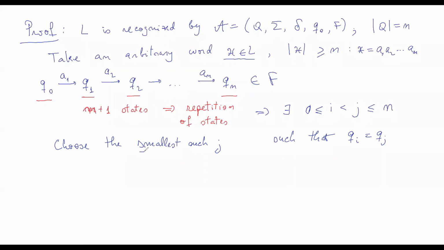And by having the smallest, let me just write it like this, you will choose the smallest J, and the way this is going to go is Q0 goes to Q1, and it goes to Qi, and it goes later on to Qj, and these are in fact the same state, and then it continues to Qj plus 1, and so on. And obviously, with the appropriate letters.